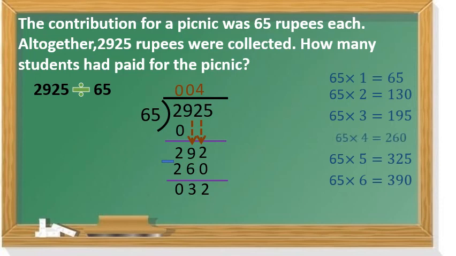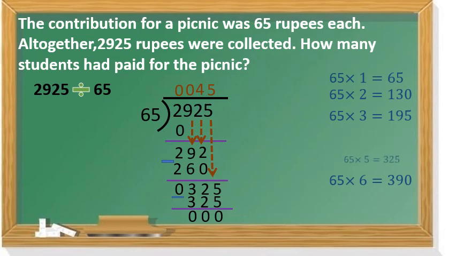That is also smaller than 65. So we will take 5 down first, then we will go for the table. That is 325. Yes, 65 fives are 325. Correct. 325 we will use here. Now what remained? Nothing. The remainder is 0.